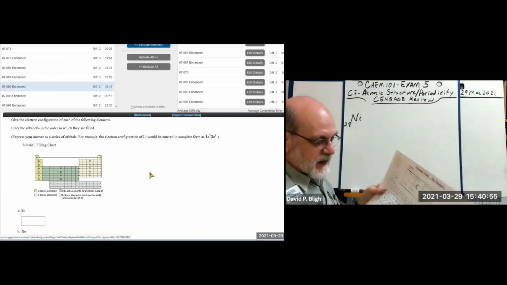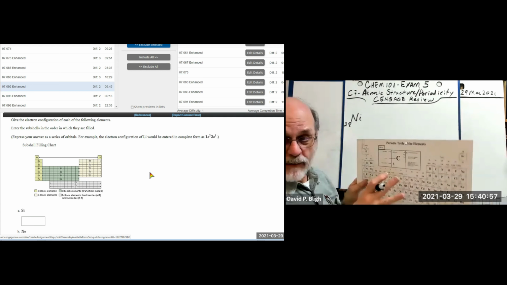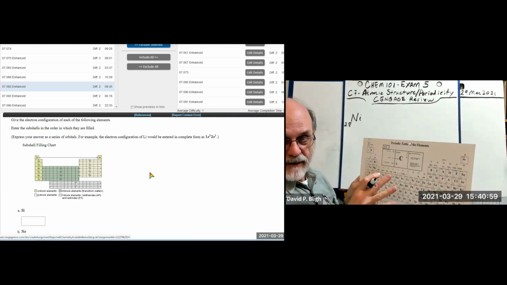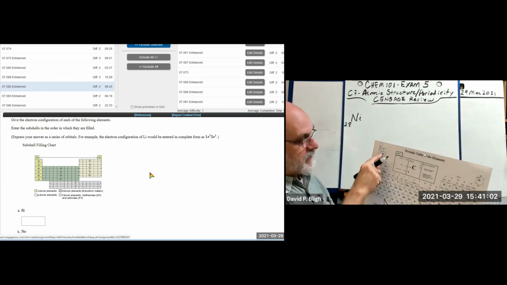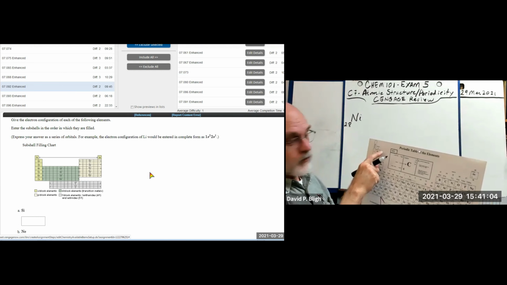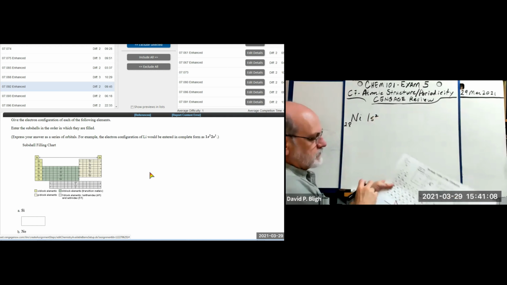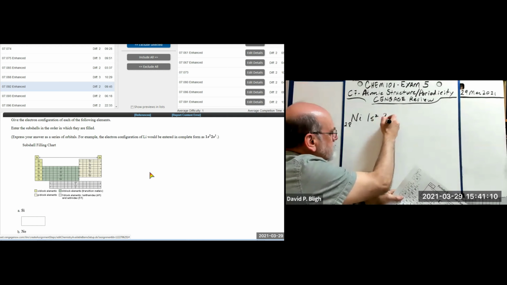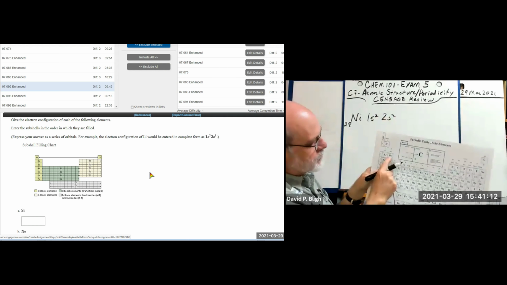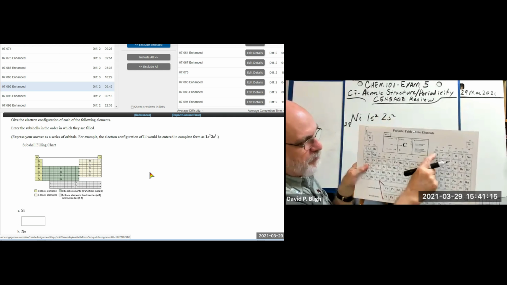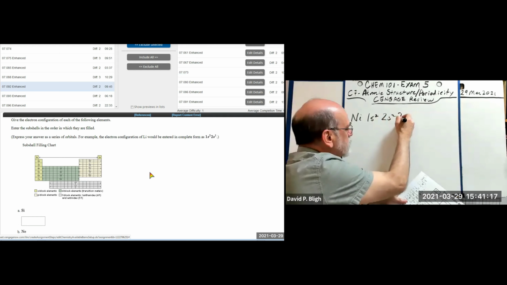So if we use the periodic table to our advantage, we can fill it in, right? First, n equals 1, you got 2: 1s2. 2s2 takes you to beryllium. And then boron through neon is 2p6.